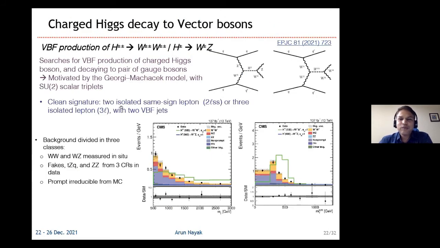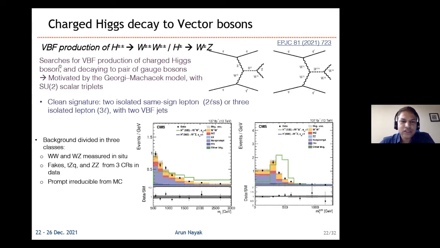Okay, then I move to the doubly charged Higgs bosons. The first one here is the search for the VBF production of the doubly charged Higgs boson, where the doubly charged Higgs can decay to a pair of W bosons, or you can have a similarly produced singly charged Higgs boson, which can decay to W and Z boson. The analysis is done together.